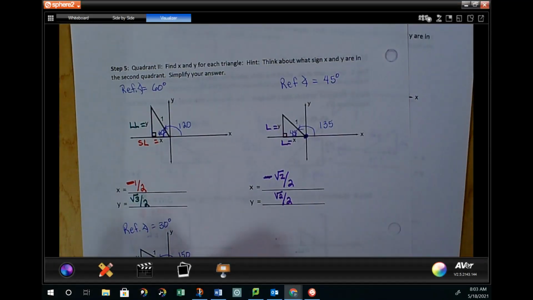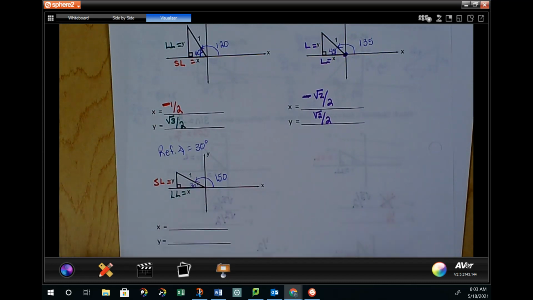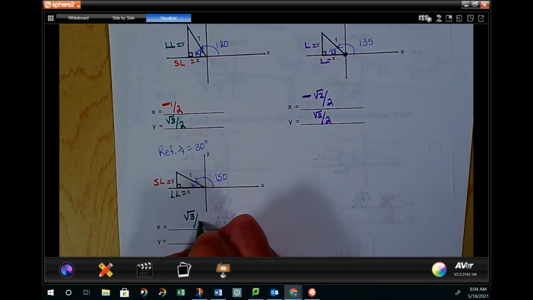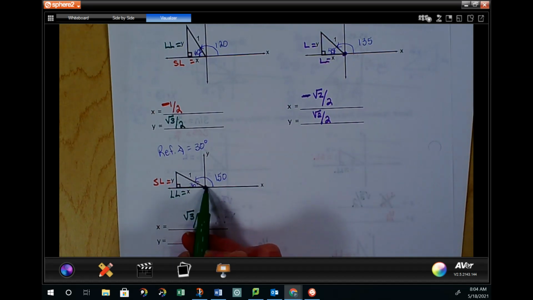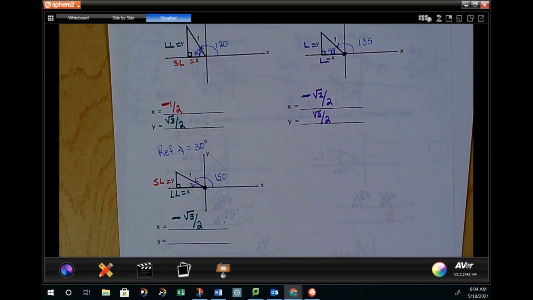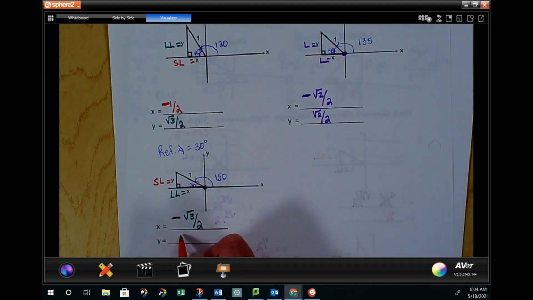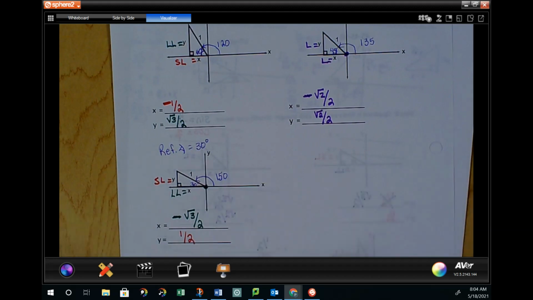So this is your long leg and this is your short leg. Your long leg is square root of 3 over 2. The difference is you're moving to the left, so that will be negative. Your short leg is just going to be positive 1/2 because you go up.